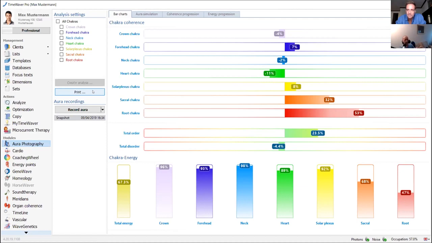And there's a color, which in German you would say Verfärbung, and in English you would say it has a tinge of another color which is not supposed to be there. And then in the desired state, you have the color which that chakra is actually supposed to be associated with.